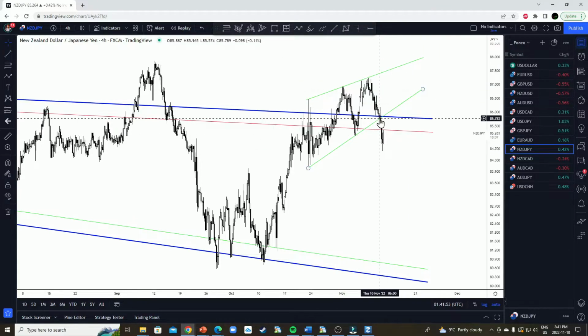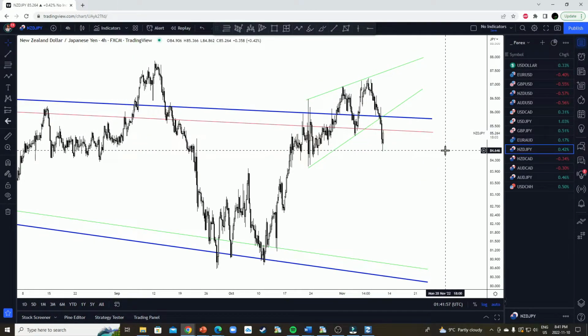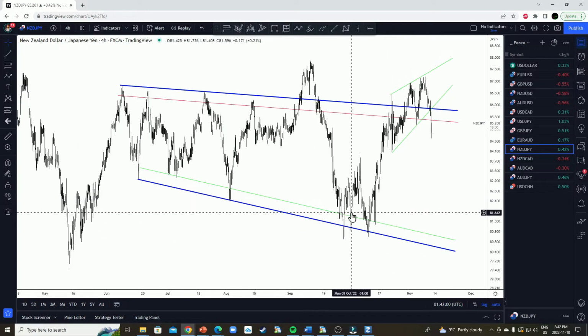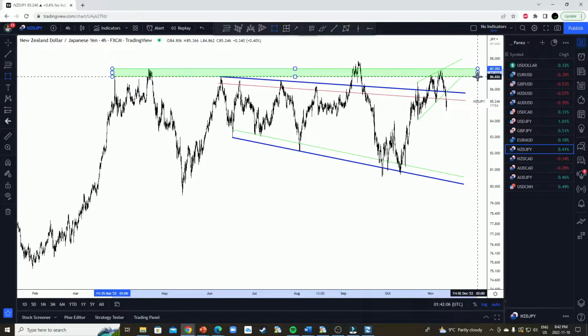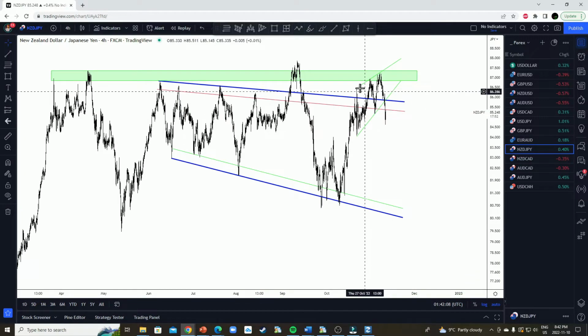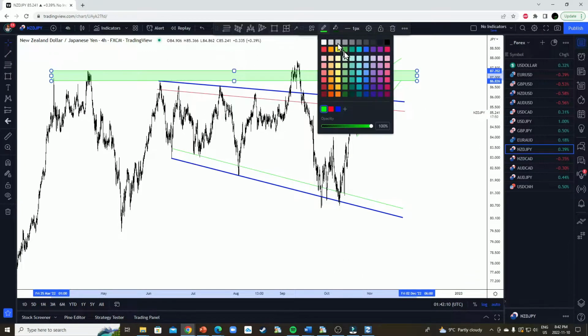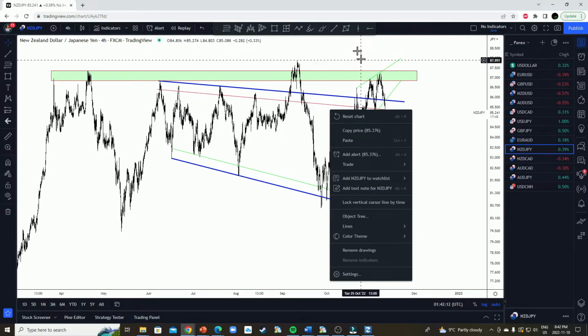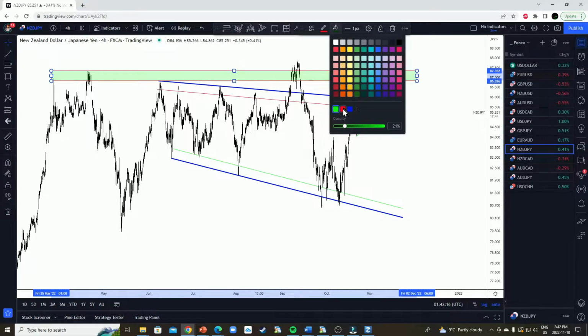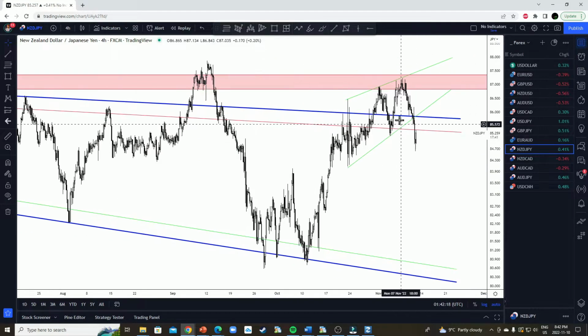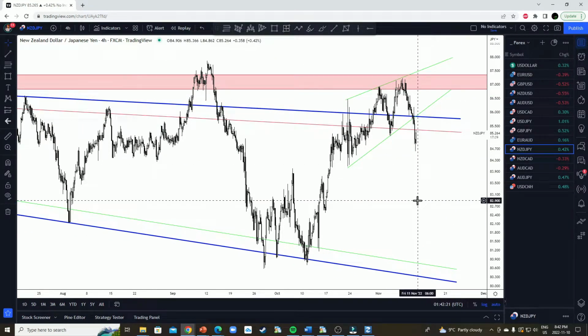We had this shape, so I shorted the break over here of this support, and also on this pattern what I was seeing is that we had a zone of resistance over here, and I decided that this was a good point to look for a short.